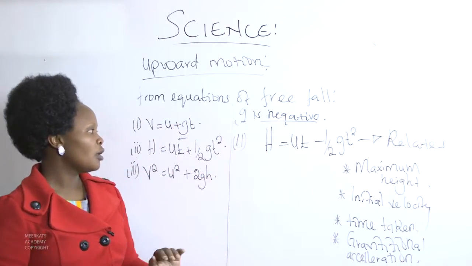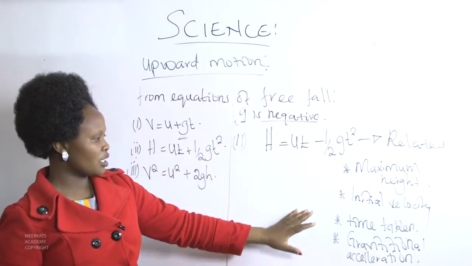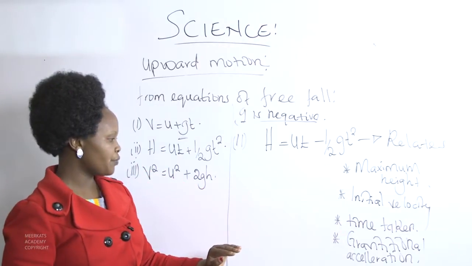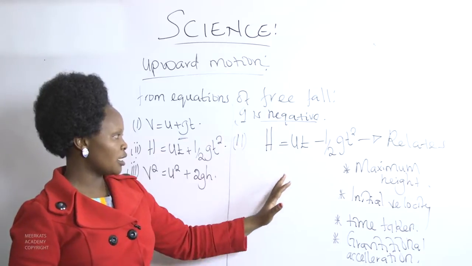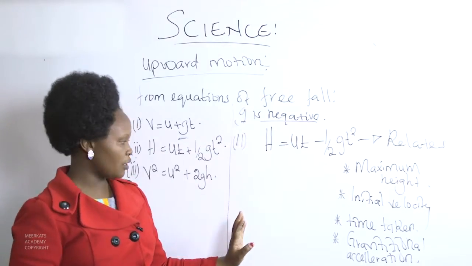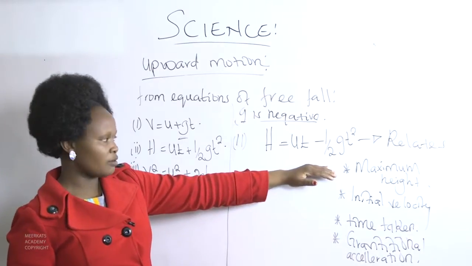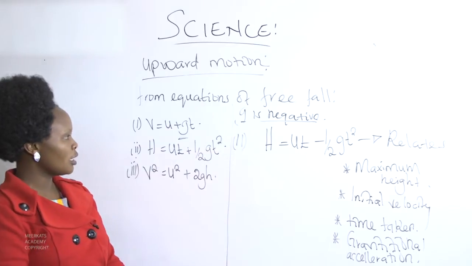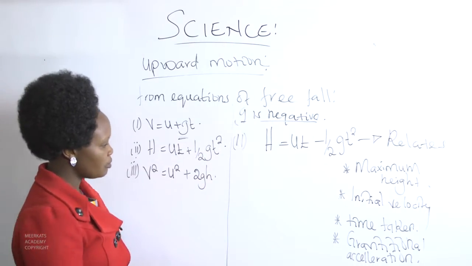Now, our equation 2 does not account for the final velocity, although we can use any equation to come up with final velocity, but if you were to limit yourself to the second equation, then the final velocity has not been captured.